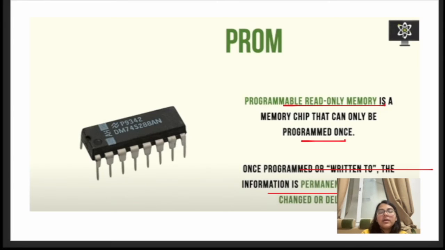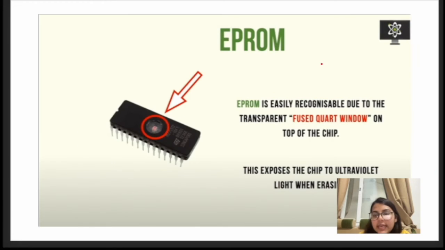Then let's see what is EPROM. Here you can see EPROM is erasable, recognizable due to the transparent fused quartz window on top of the chip. This exposes the chip to ultraviolet light when erasing. Okay, so the next technology you have is EPROM, which stands for erasable programmable read only memory.